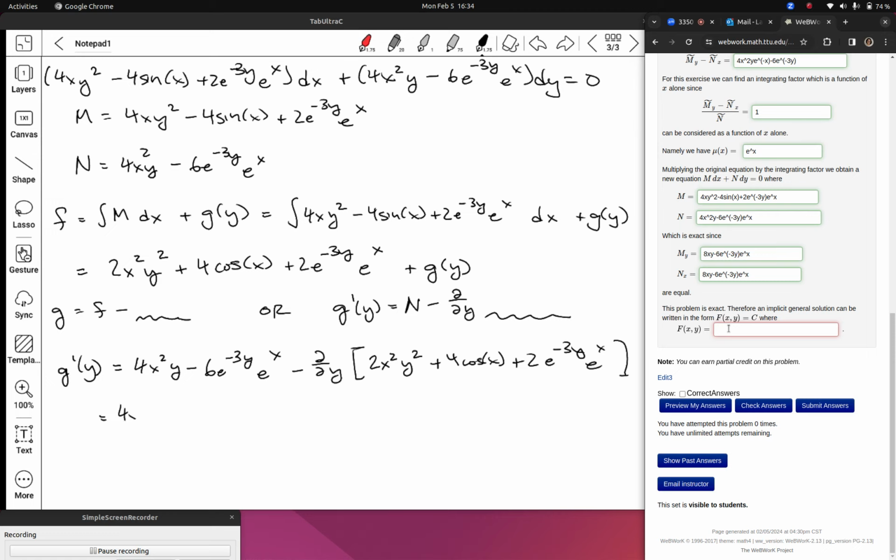So I've got 4x squared y minus 6e to minus 3y e to x. And then I'm going to leave everything in brackets but do the derivative, and I'll do the subtraction in the next step just in case there's any mistakes.